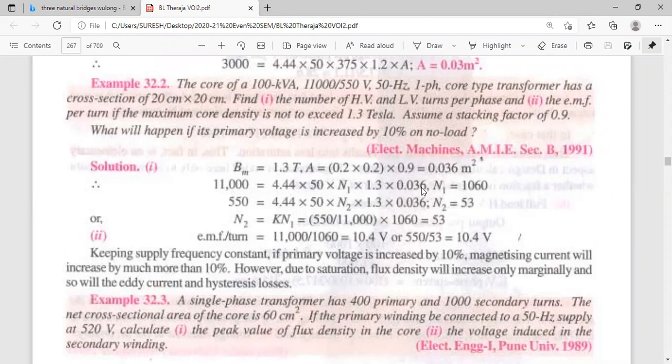Sir, I got 1058.710. Okay, then you take 1059. There is no need to take the textbook answer. Whatever you are getting, that you have to take.